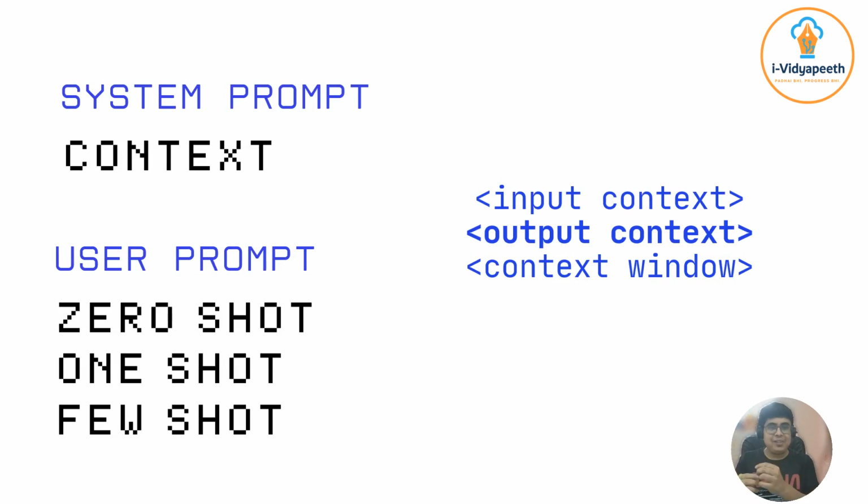In prompt engineering, we always know about zero shot, one shot, and few shot. So what is zero shot prompting, one shot prompting, and few shot prompting? That we need to understand. But those are the user prompt. Another prompt exists that is called the system prompt. System prompt means we are giving some kind of generic information to the model to please do this thing.